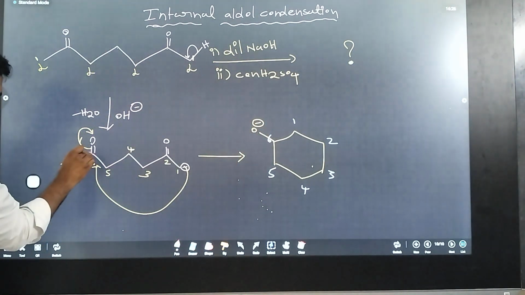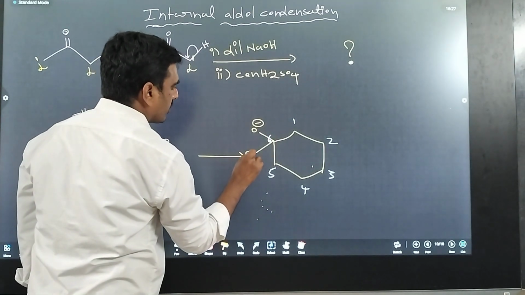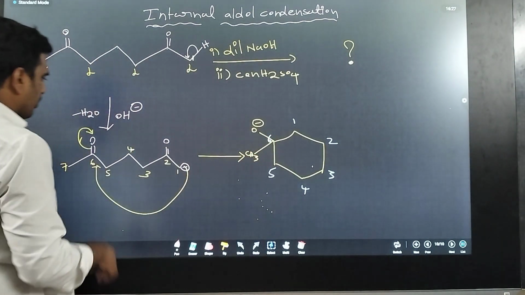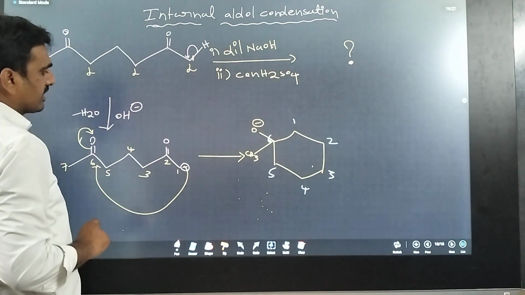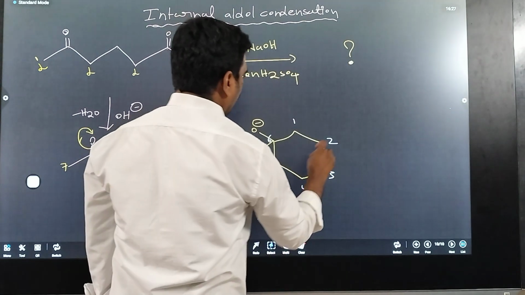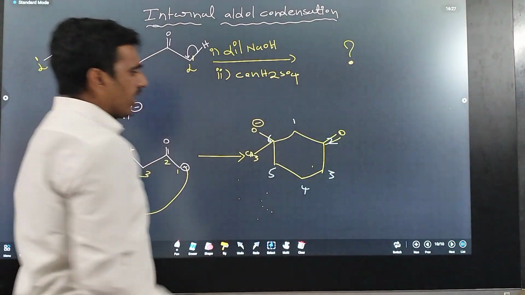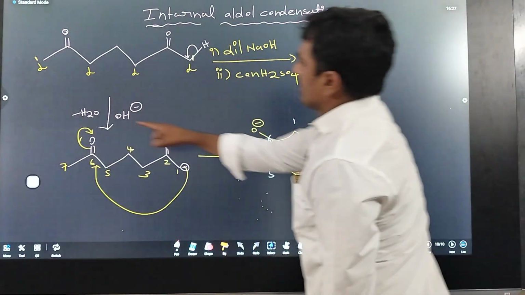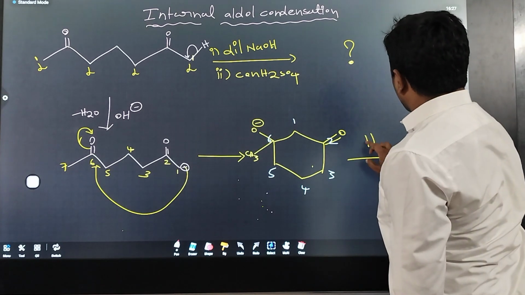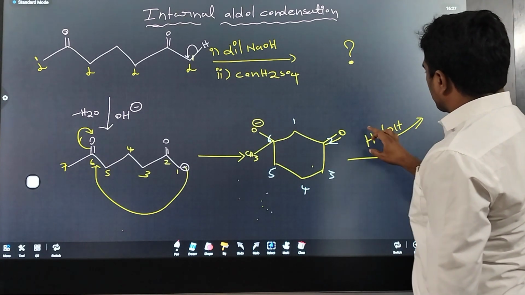Then the sixth carbon is connected to a methyl group, CH3. The adjacent carbon to the first carbon has double bond O. Then water molecule is eliminated.